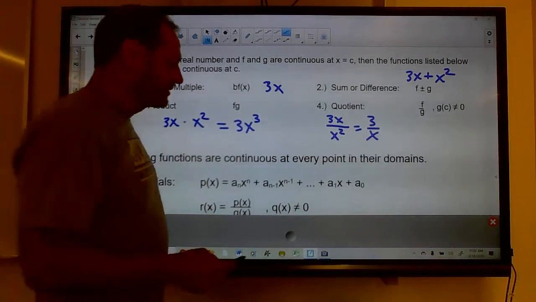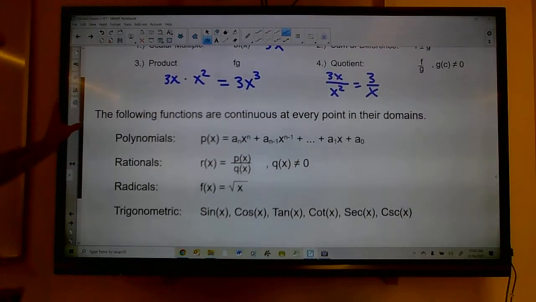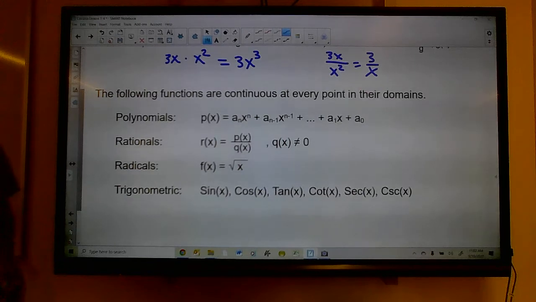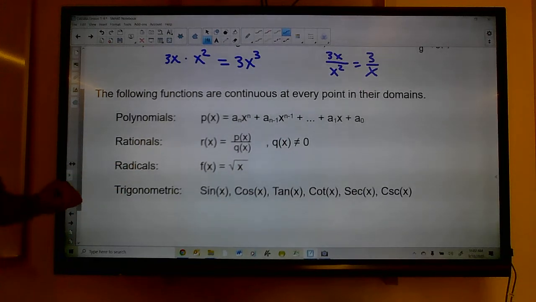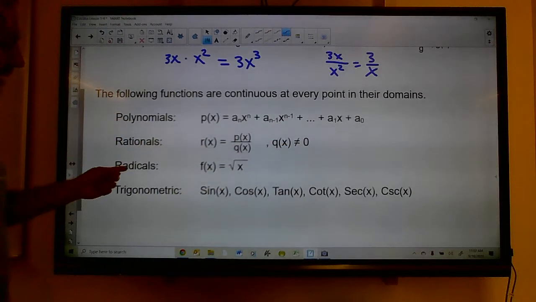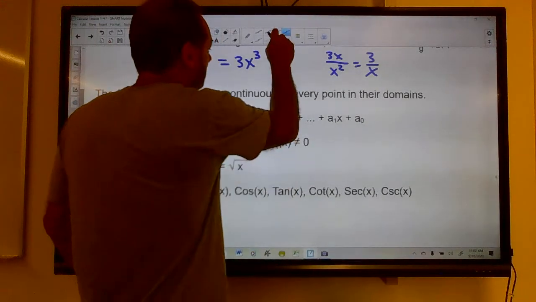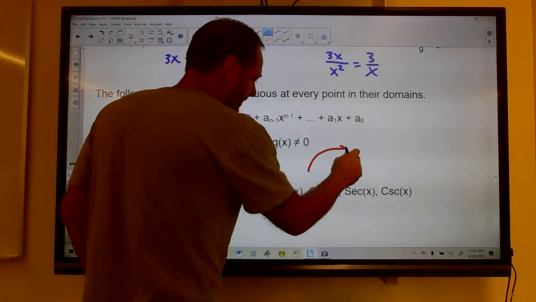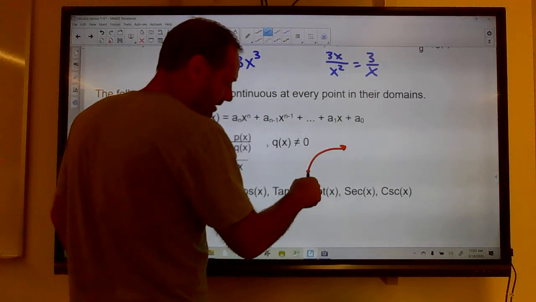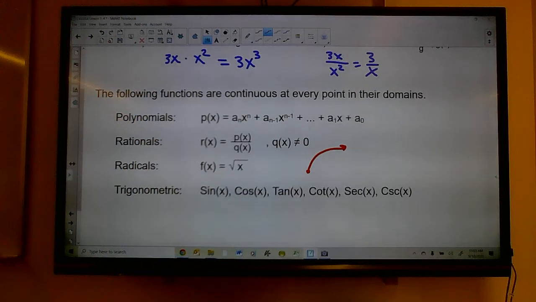The following functions are continuous at every point in their domains. Polynomials are always continuous. Polynomials are real easy to deal with. Rationals are always continuous whenever the denominator is not equal to 0. Radicals are continuous. Okay, a square root function. If you look at a square root function, it's going to look something like this. It's definitely always continuous here, and it has a limit right here when it's coming from the positive side, and so that thing is continuous.